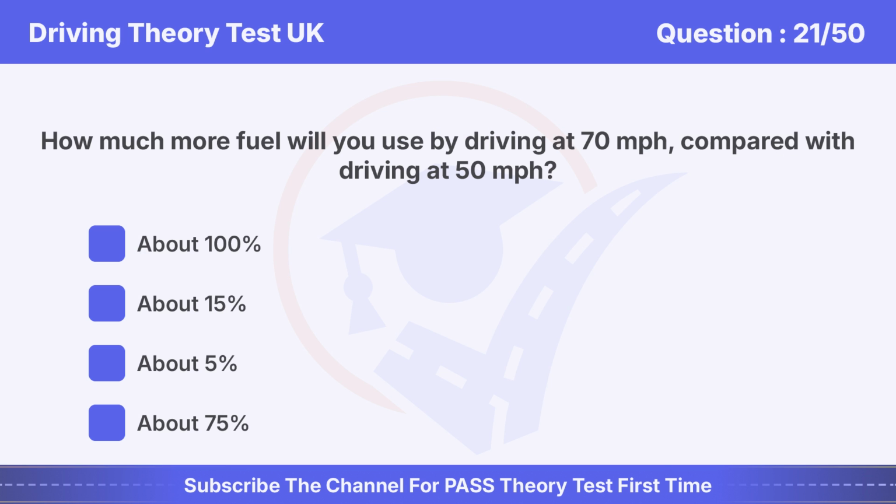Question 21. How much more fuel will you use by driving at 70 miles per hour compared with driving at 50 miles per hour? Answer is B. About 15%.